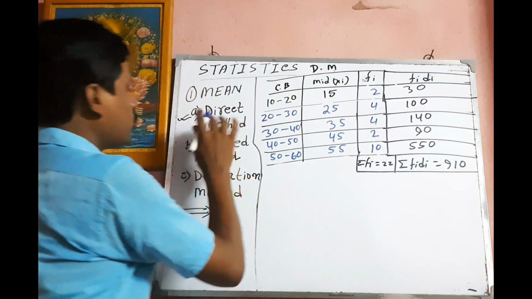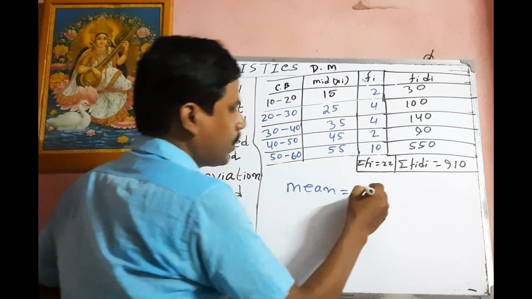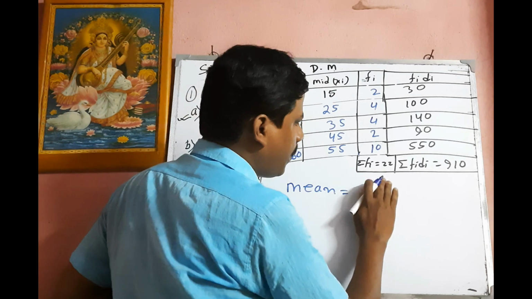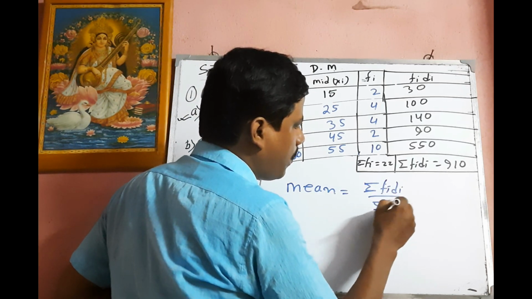Now using the direct method, mean is equal to summation of fi xi divided by summation of fi.